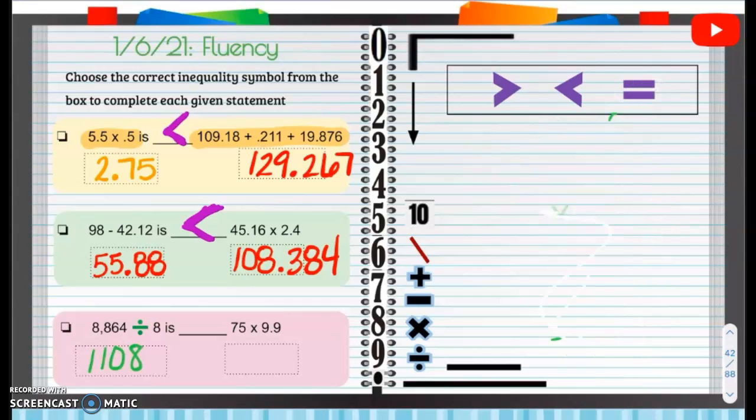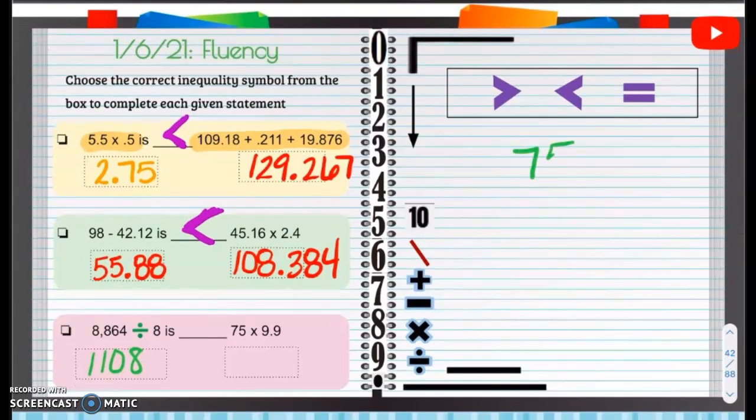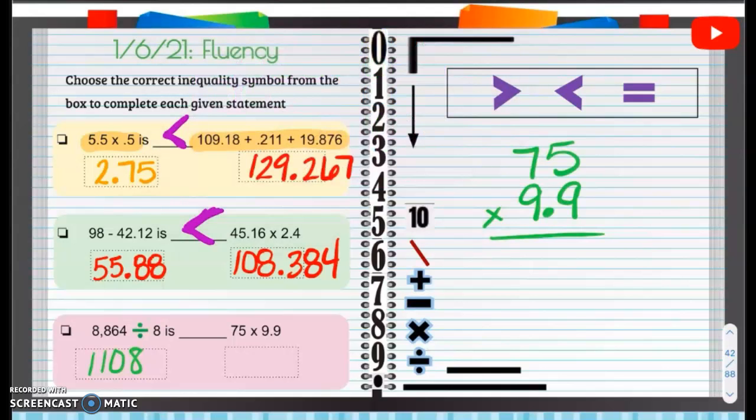Woo! All right, so next one. 75 times 9 and 9 tenths. Remember, you don't need to line up those decimals when you're multiplying. All right, 9 times 5 is going to be 45.